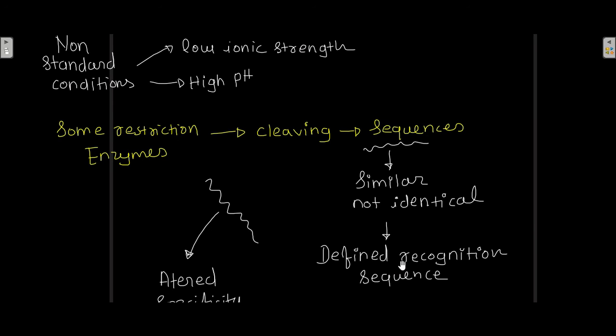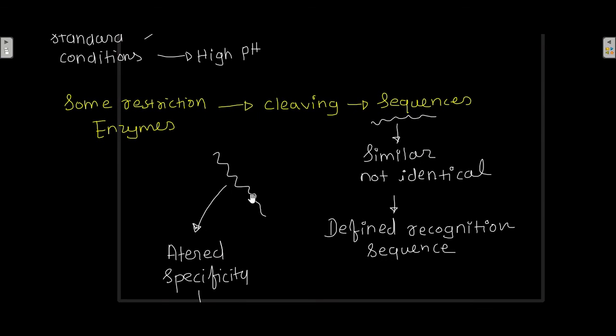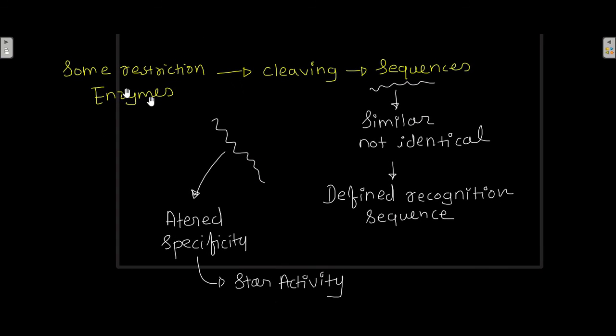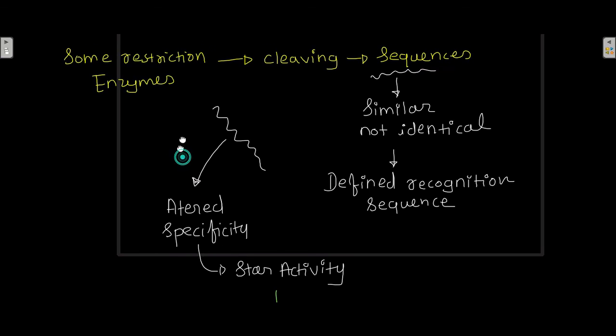But in some non-standard conditions, that restriction enzyme can cleave a sequence which is not identical to the defined recognition sequence, but is similar. This altered specificity of the restriction enzyme is known as star activity.